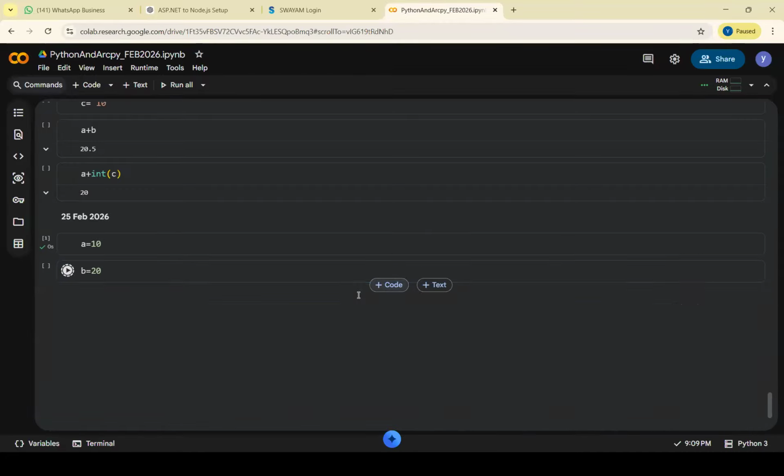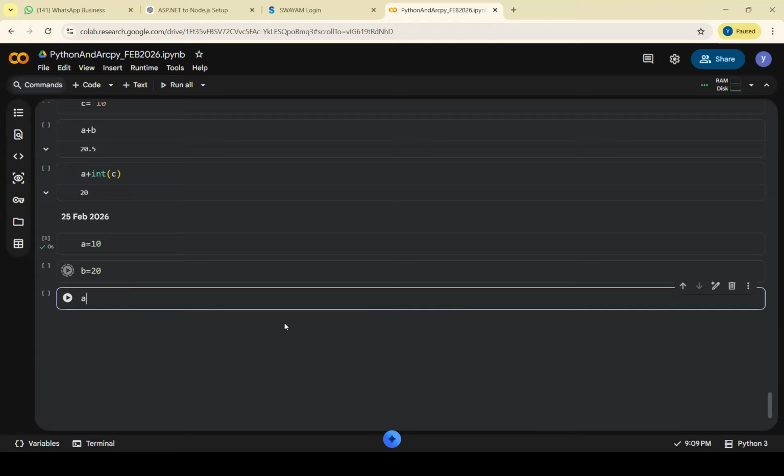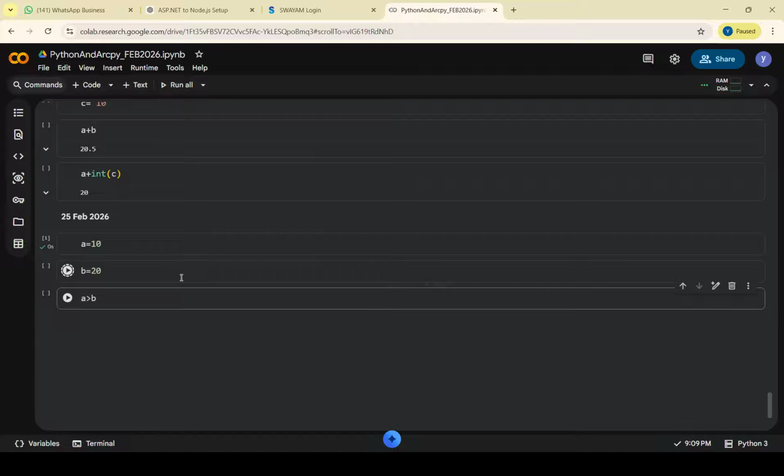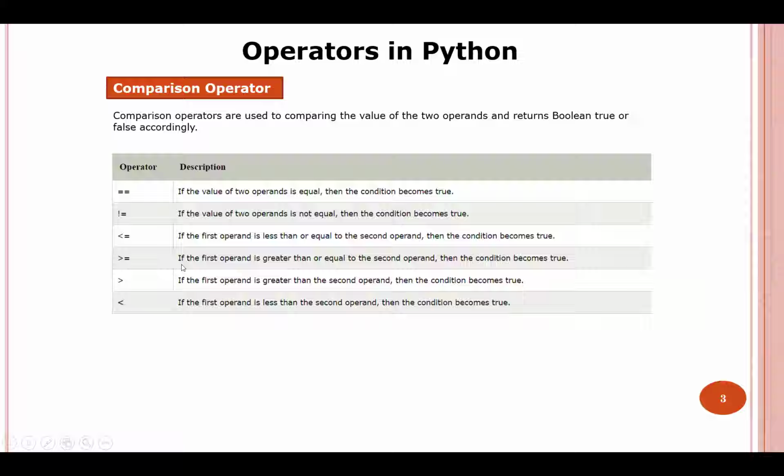Now you can check if a is greater than b. It will give you the answer true or false based on the values. So when we use a comparison operator between two numbers, two variables, or two values, it will always return either true or false.